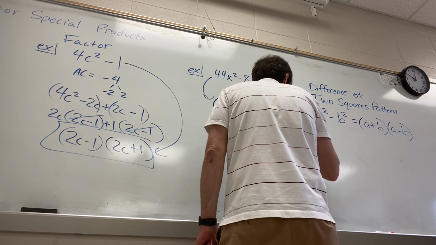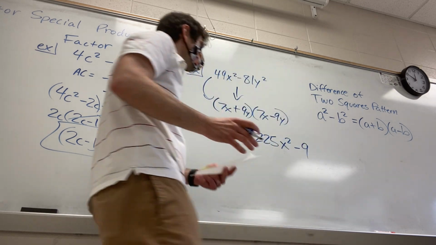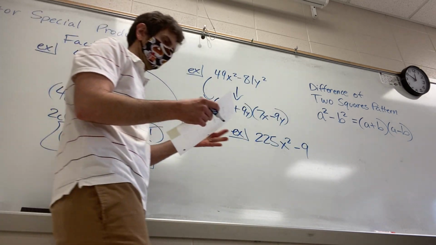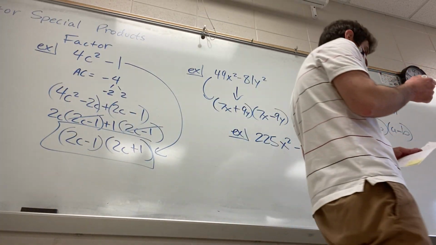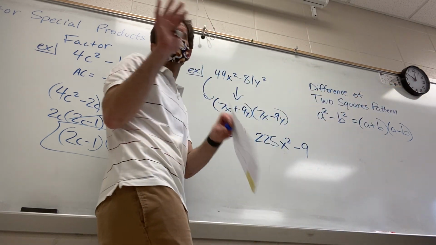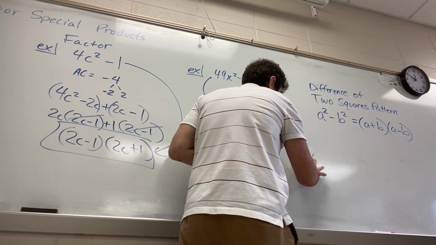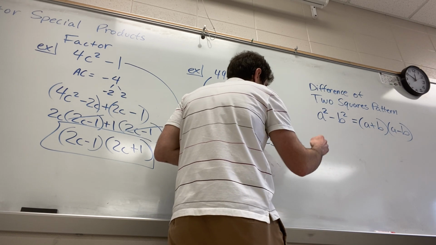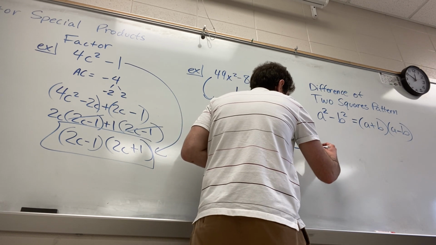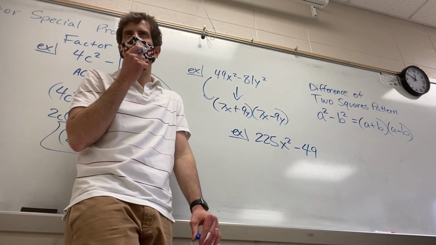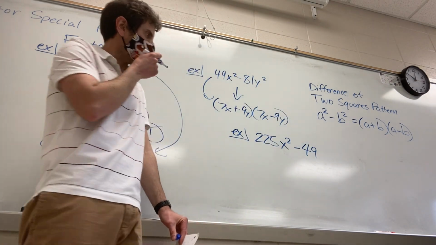225x squared minus 9. Factor that. Oh, and actually, hold on. Time out. Do something a little different. The reason why is I didn't really want you to factor out a monomial first. So try this one.